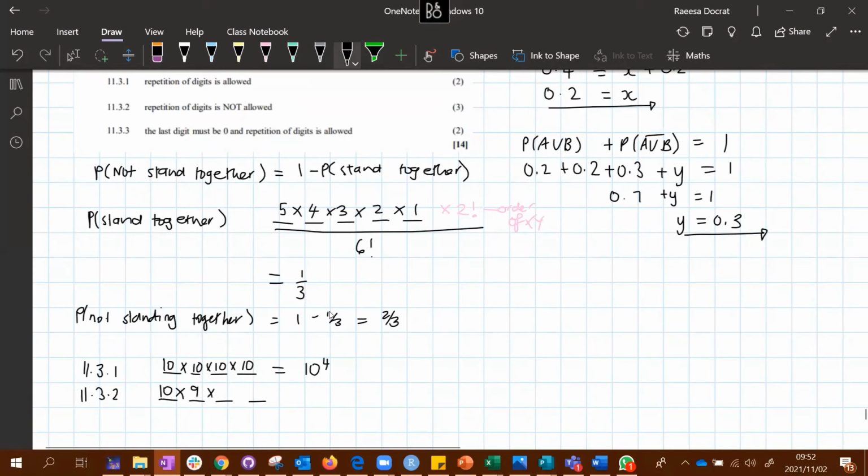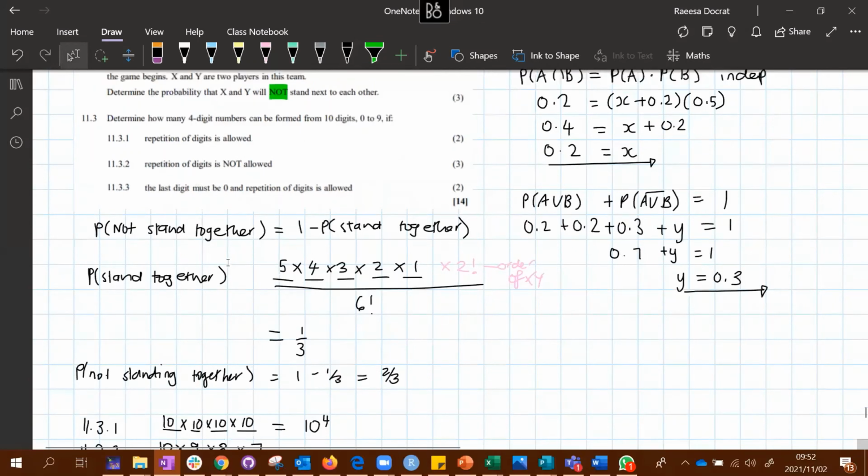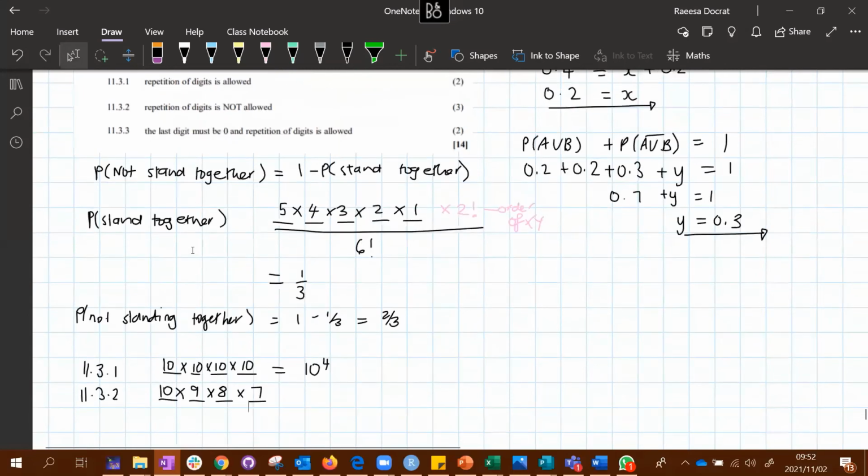And then for the next one, we can use any of the digits, but not the 2 that we've already used, and so on and so forth.